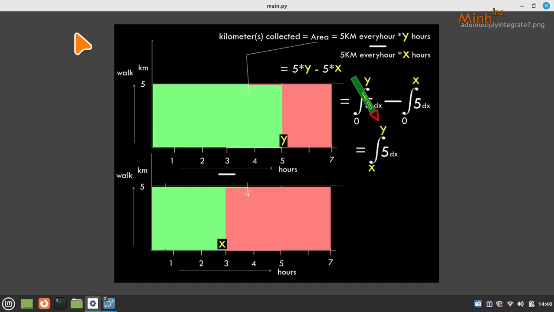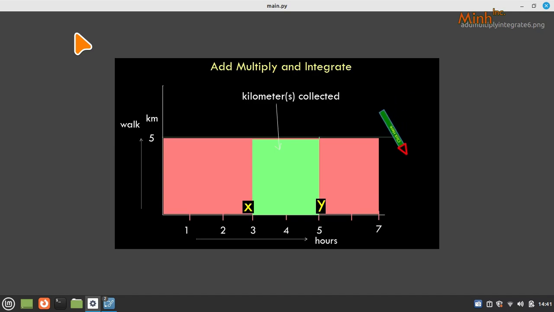So we are learning how integration notations work. So 0 to y is this area, the bigger area, and then 0 to x is the smaller area, this area that we see in green color. If I do the subtraction of these two, then this would lead to the in-between area.